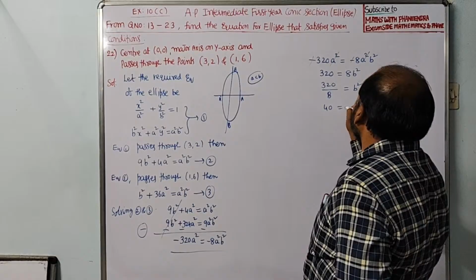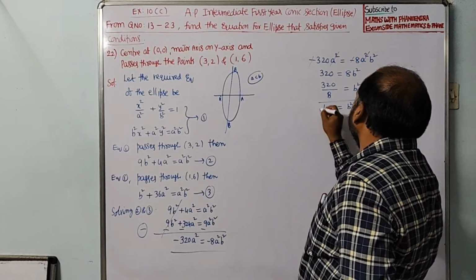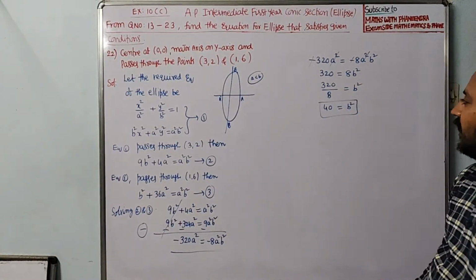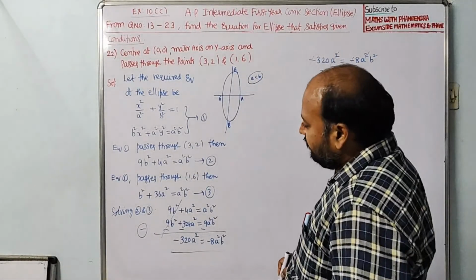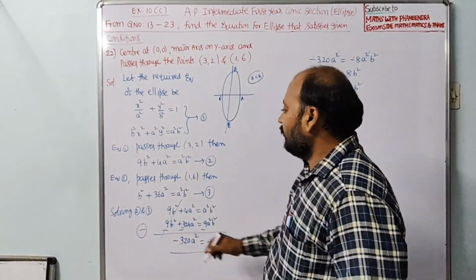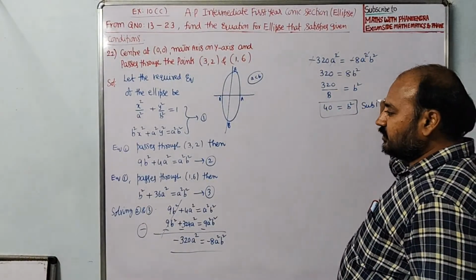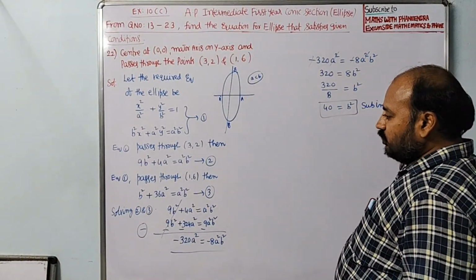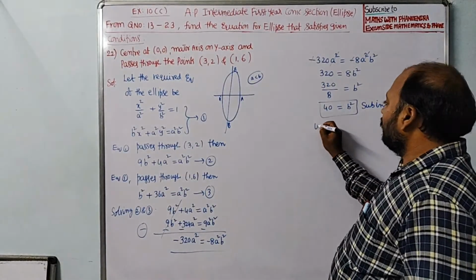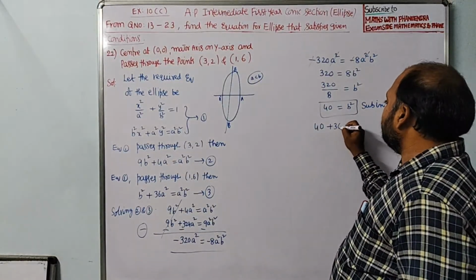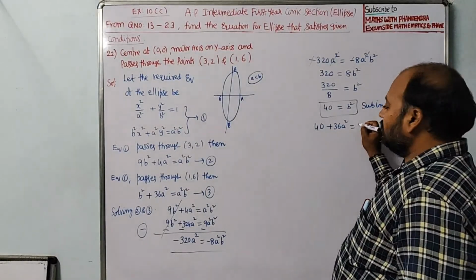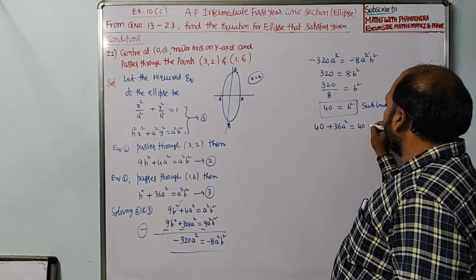So 40 is equal to b square. So b square value 40, we have to substitute in equation number 3: 40 plus 36a square. So b square means 40a square.